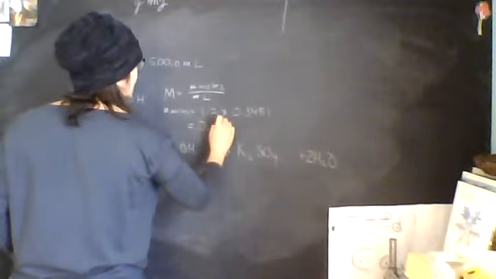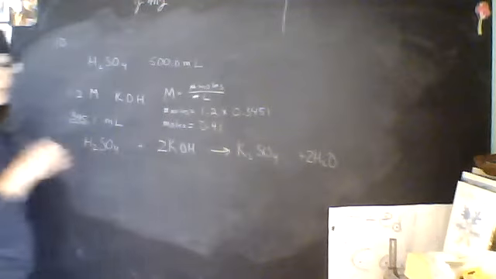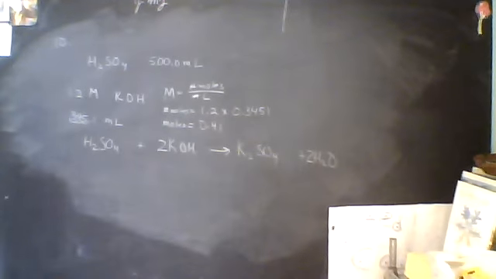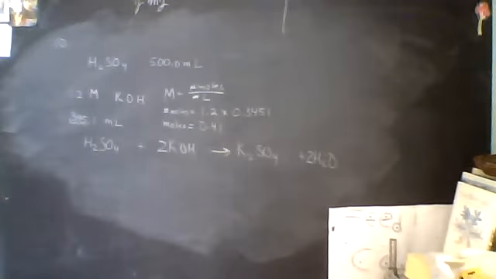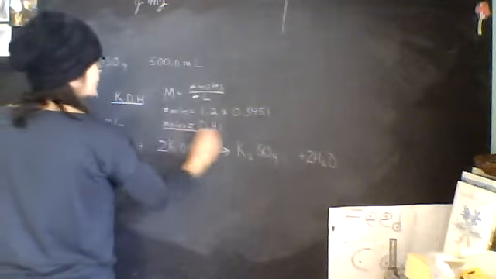So we're going to say 0.41 moles. Okay. So that is how many moles of KOH we're using.